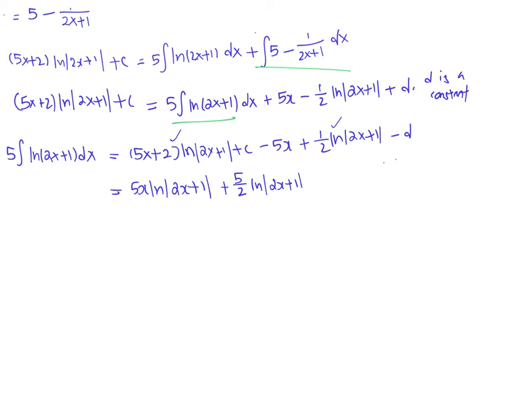Not to forget our negative 5x and also our constants. So this is 5 of the integration of ln of 2x plus 1 dx, which is very close to what we want already. Remember what we want earlier is a 3, so from then on, we are just multiplying by 3/5 to the entire function we had above.